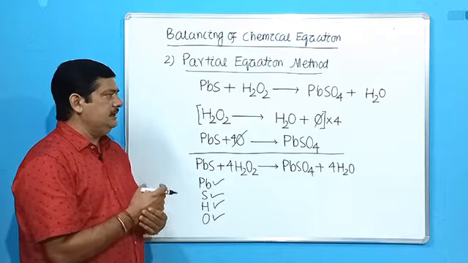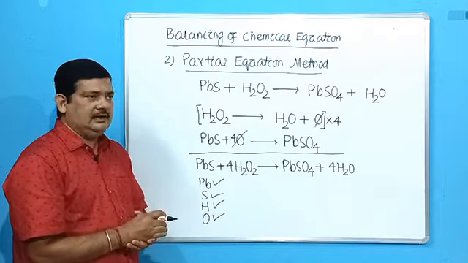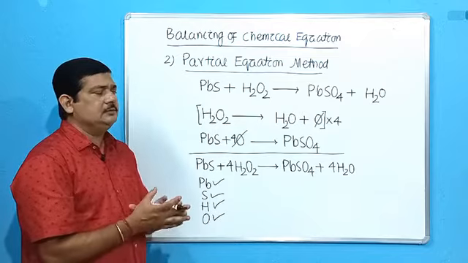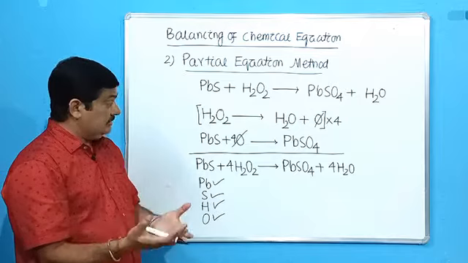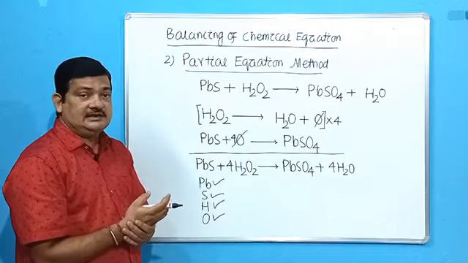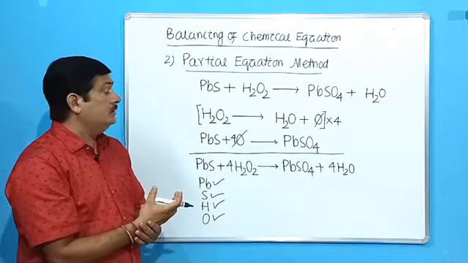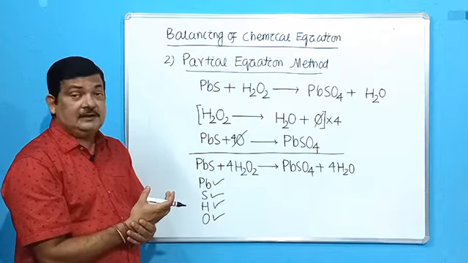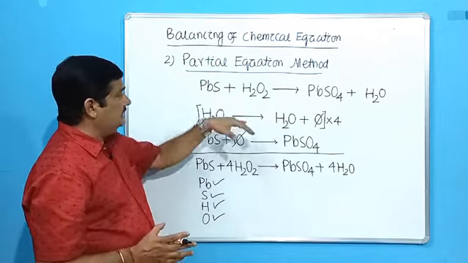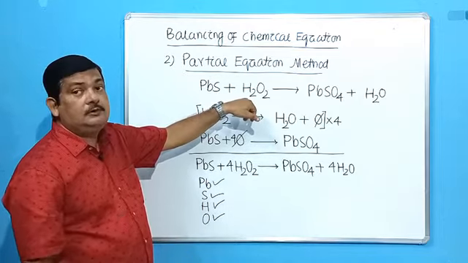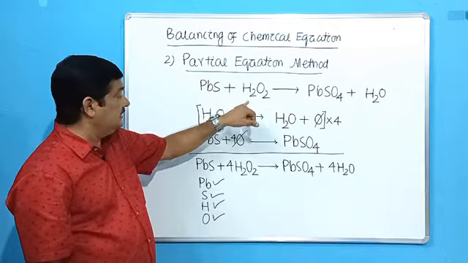So this was mainly used in earlier days, but nowadays mostly we use oxidation number method and hit and trial method, and the most suitable one for complex reactions is the next one which we will be discussing, that is algebraic method. For partial equation method, you have to keep in mind that this reaction has to be broken into two or more steps.